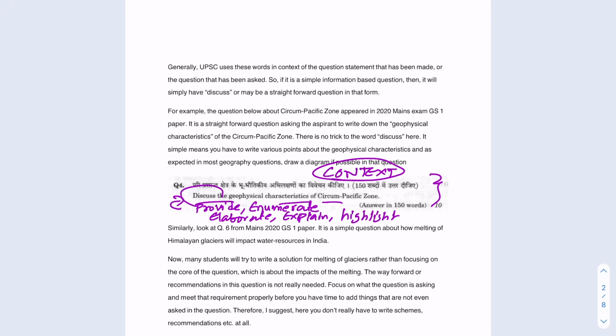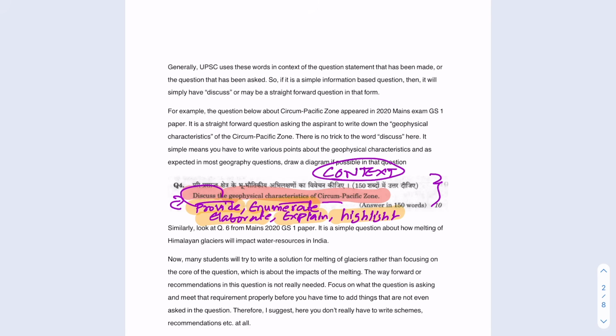The question asks what are the various geophysical characteristics of the circum-Pacific zone. Whether it is discuss, enumerate, provide, elaborate, explain, or highlight, it's the same thing. You would anyways write the same points in the answer.